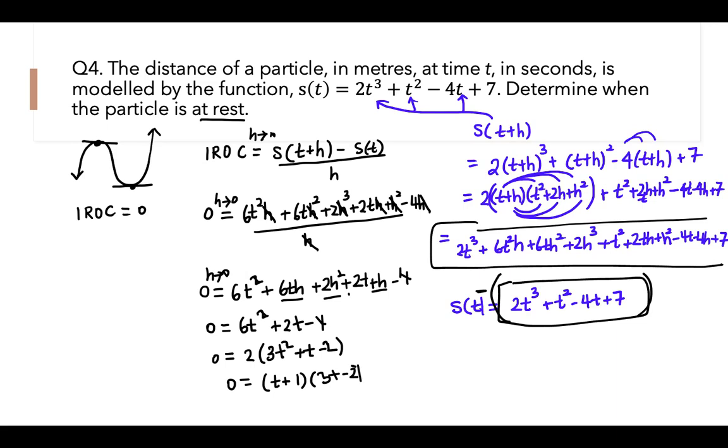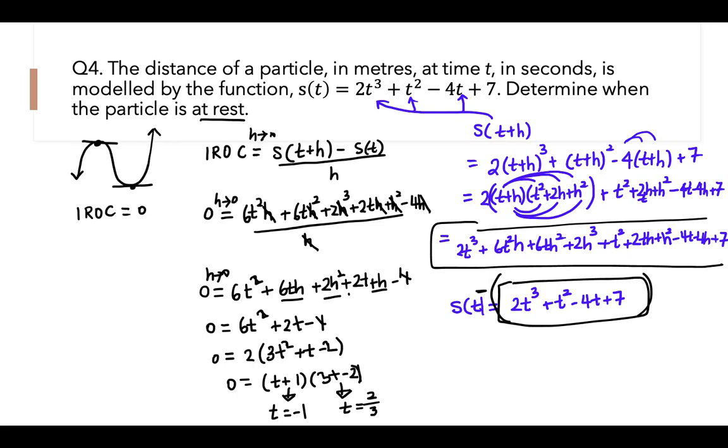Now to solve for it, you're going to let each bracket equal 0 and solve for T. For the first bracket, T plus 1 equals 0, and you isolate for T, so T is equal to negative 1. And for this one, T is equal to 2 over 3, once you let 3T minus 2 equal 0.